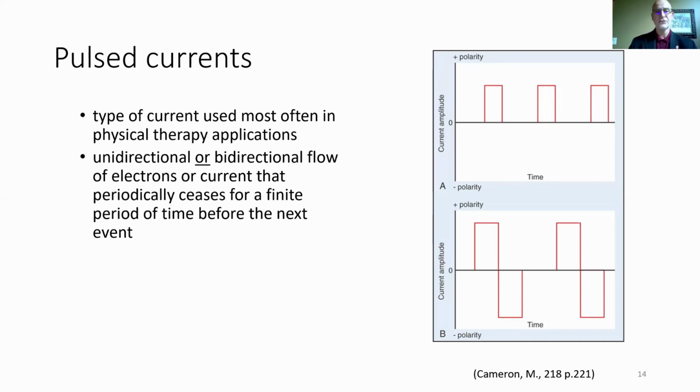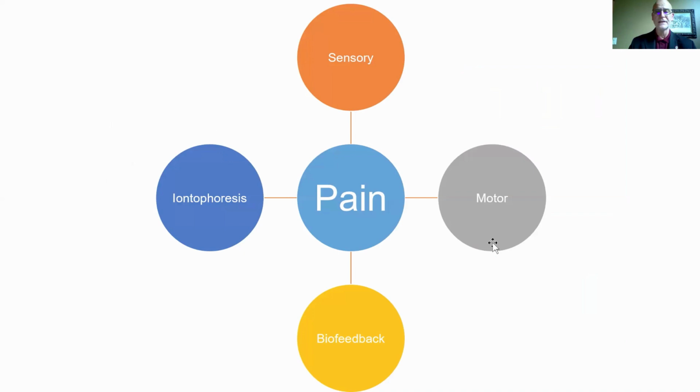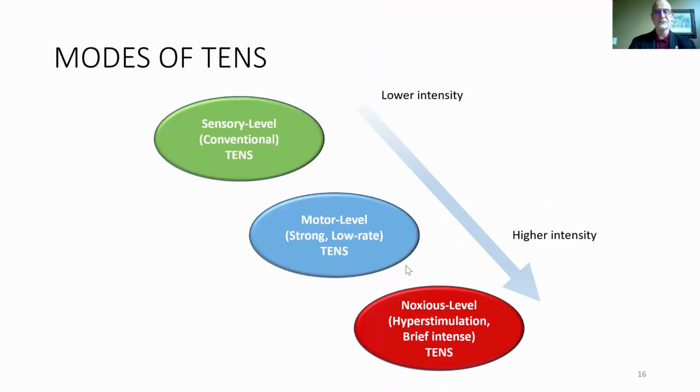When you come across terms you're not sure about, it's important to look them up because they help you with the foundation. So pain, we can attack it with a sensory level type of stimulus, a motor level type of stimulus. Again, we can use biofeedback and iontophoresis.